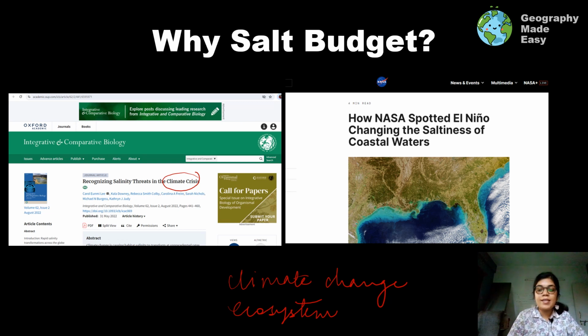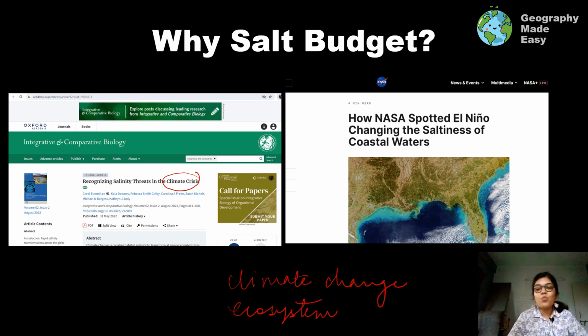A slight change in any parameter of the water can actually affect the ecosystem, and we can see large scale extinction of a lot of plants and animals. With an increase in salinity, which is happening because of global warming with more evaporation taking place, we can experience a shift in the ecosystems. A lot of plants and animals are dying in the ocean, and this is a major problem.